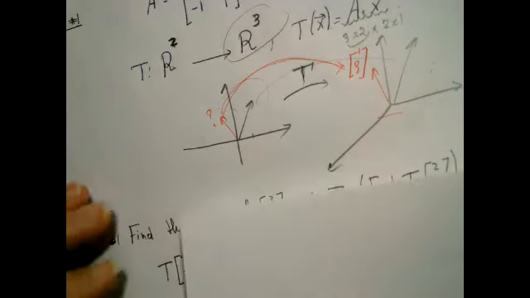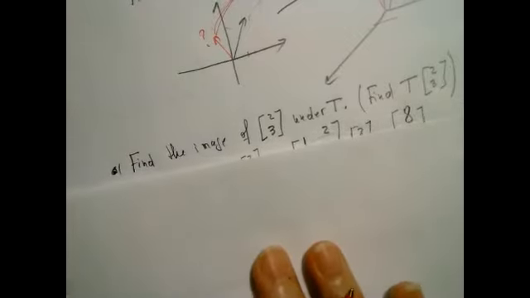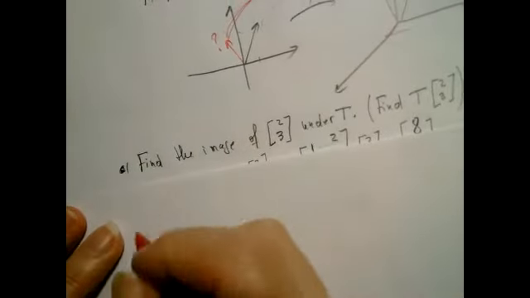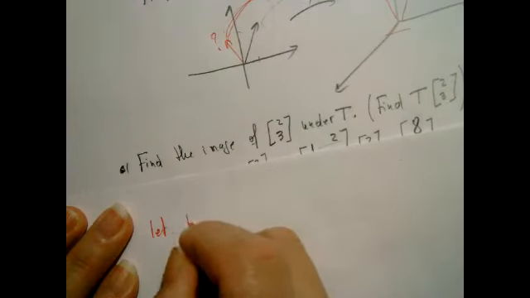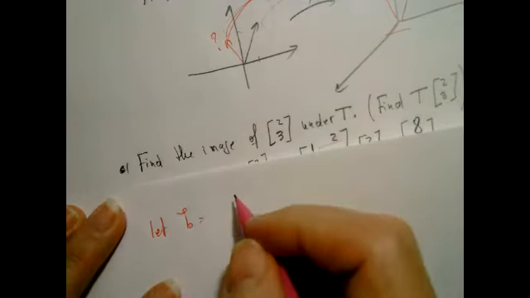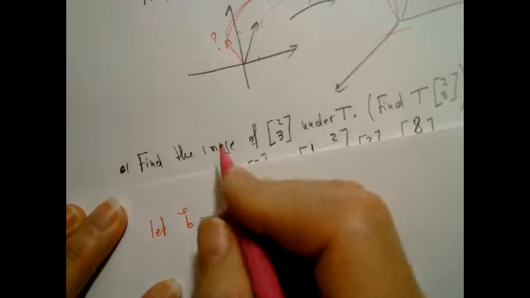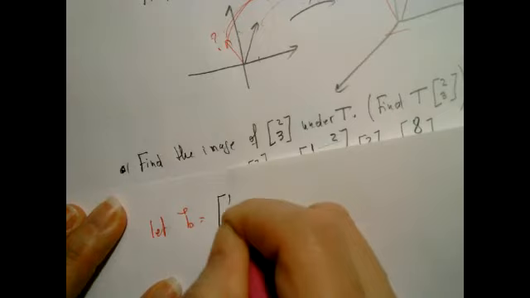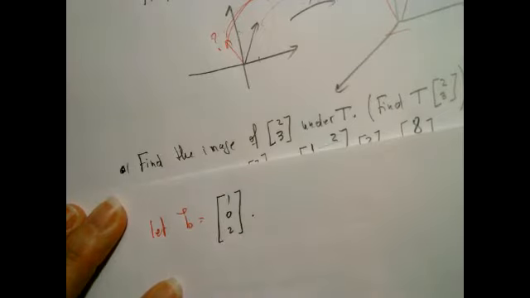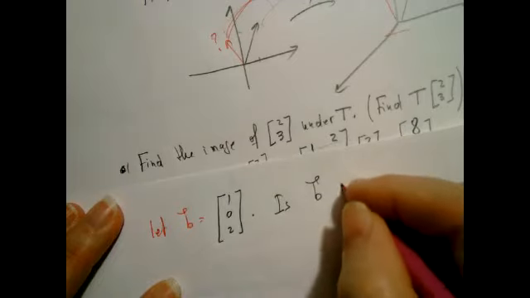So question number 2 is, let B be the following vector: 1, 0, 2. And the question is, is B in the range of T?